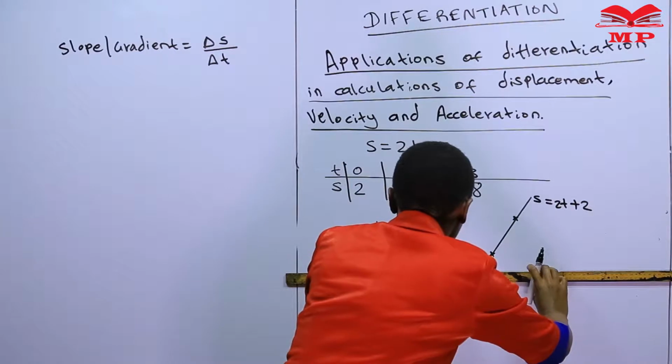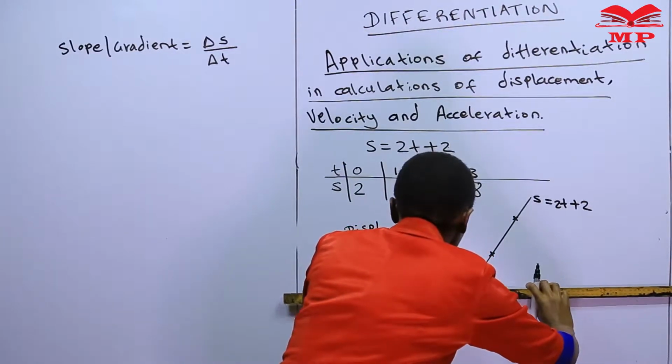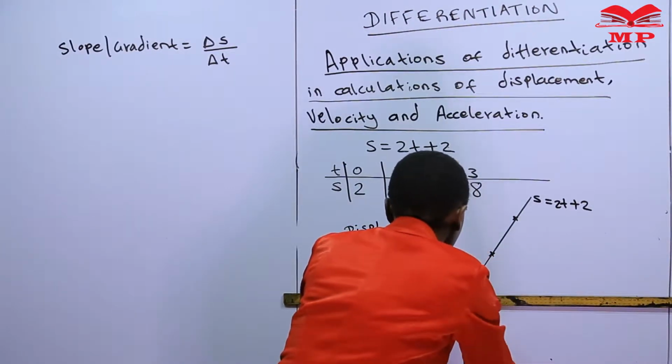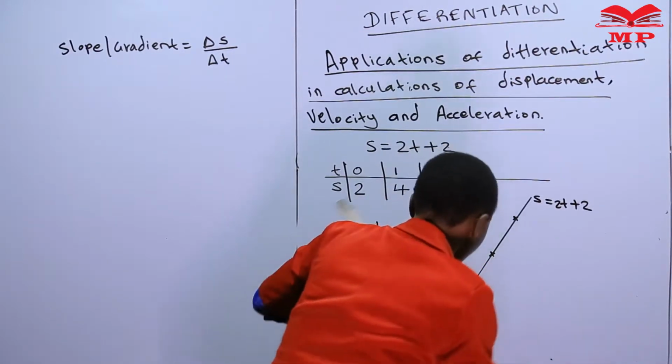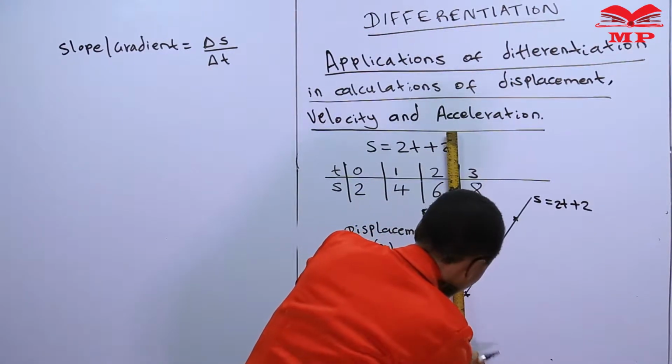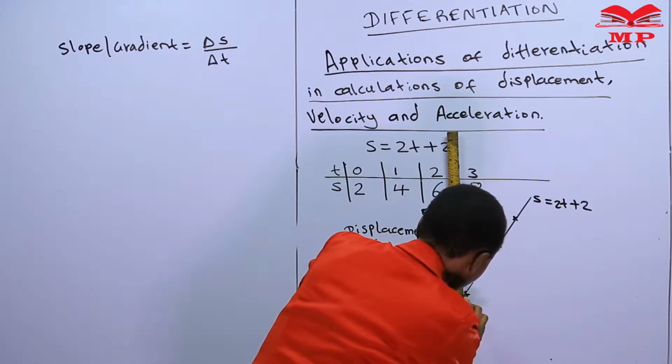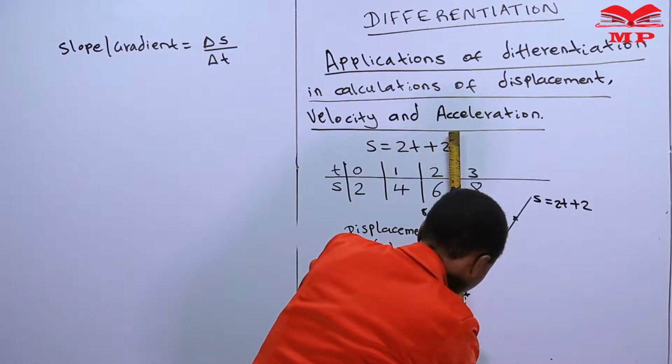We can use a point like 5, or we can use the one that is already there. We can use these points for accuracy, whereby we have 4, 1.